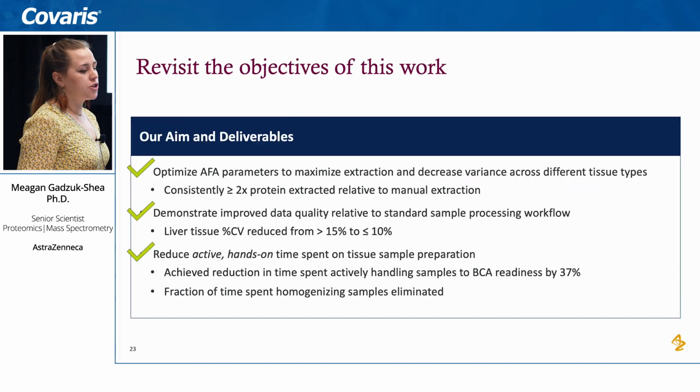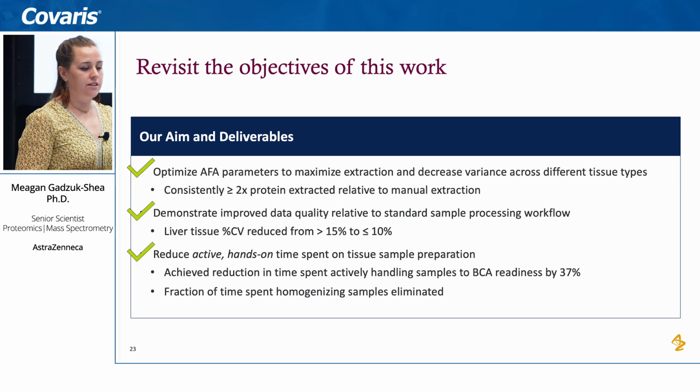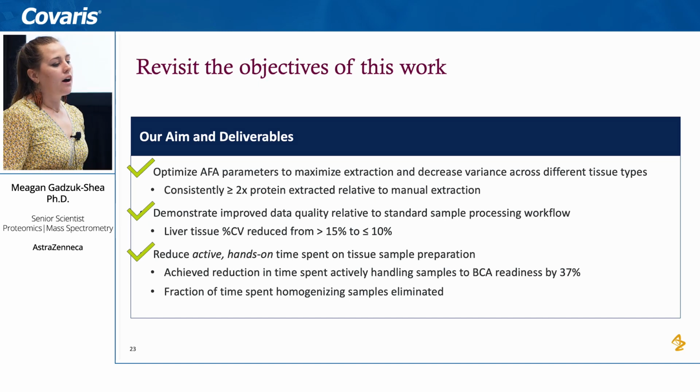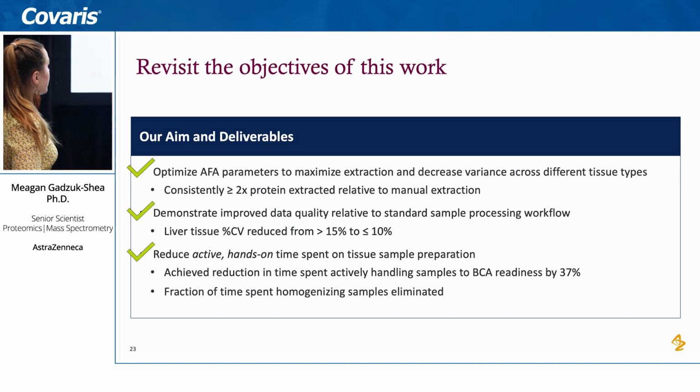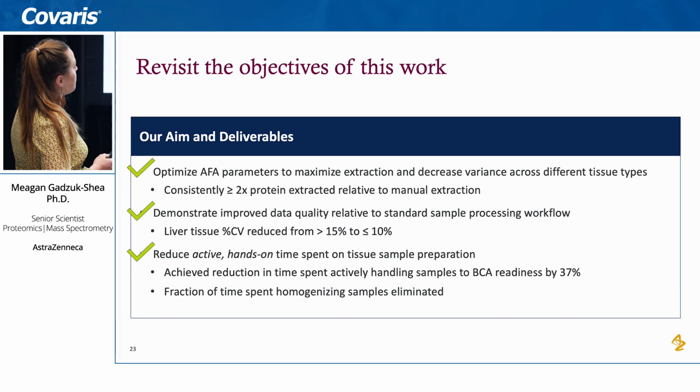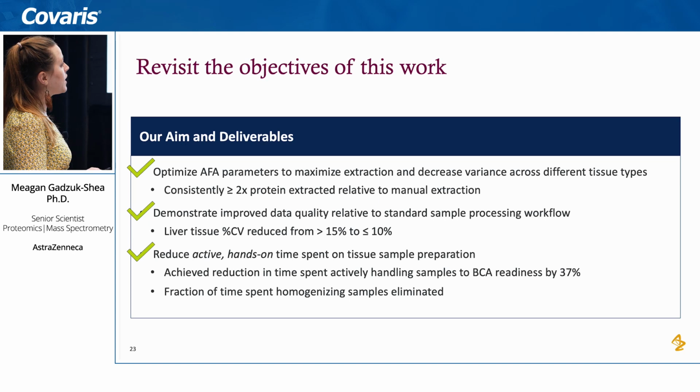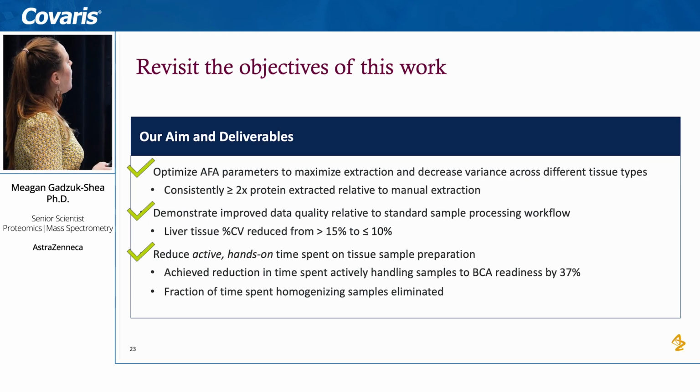So just in conclusion, I wanted to revisit the objectives that I put forth at the beginning and whether or not we were able to achieve them. And yes, we were able to optimize the parameters, and even though there's still room for improvement, it's still better than our bead mill. We consistently get over 2 times the protein extracted. And then also demonstrating the improved data quality. Yes, we were able to do that.